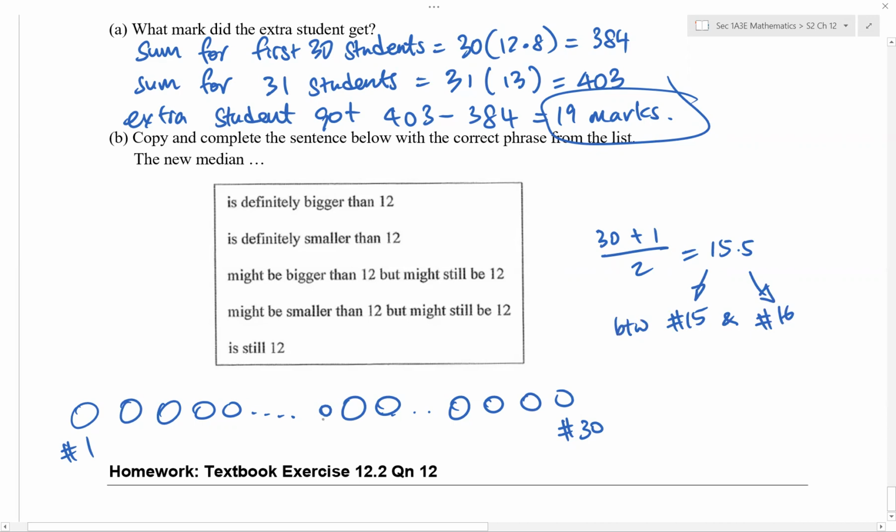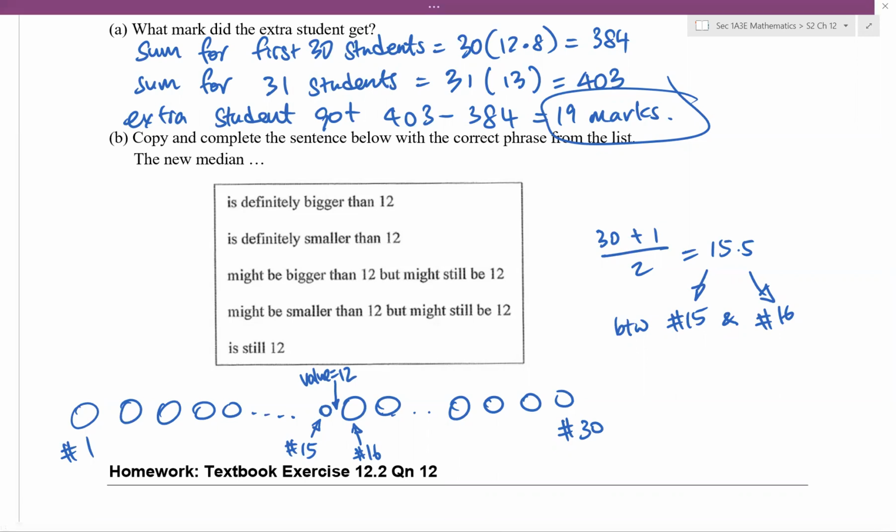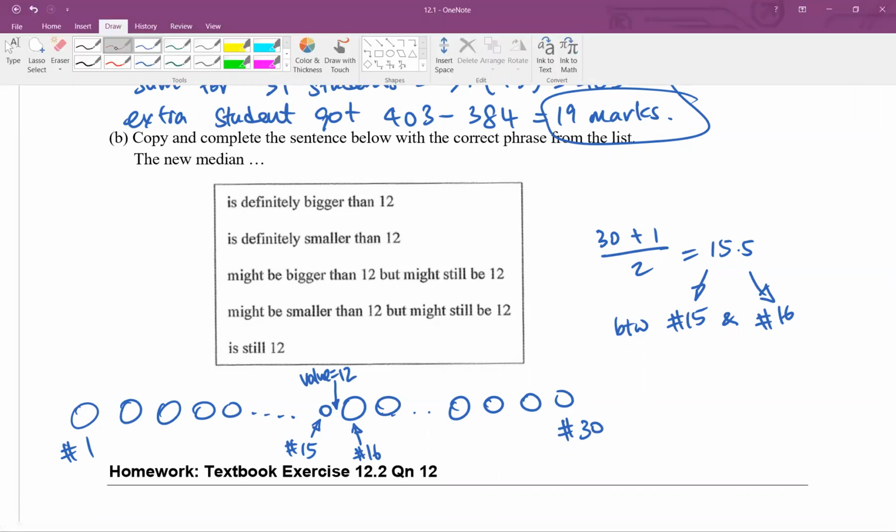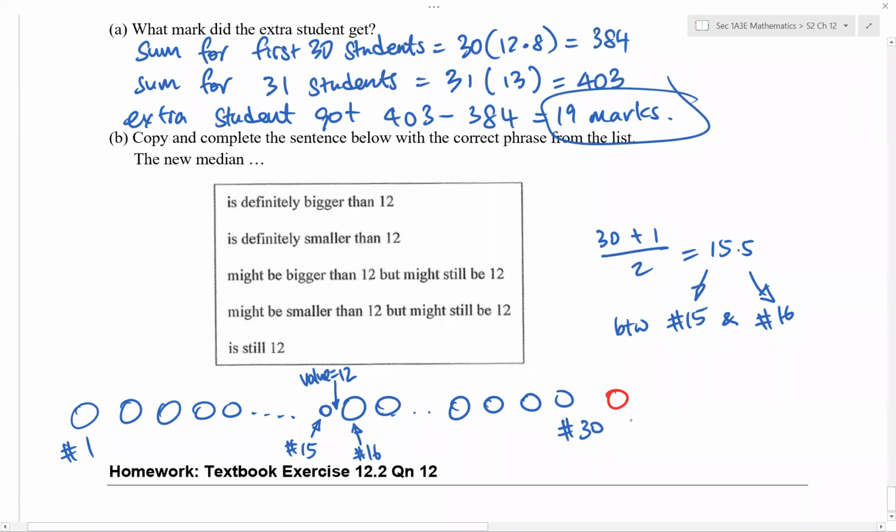Okay, so let's take this as position number 15. Let's take this as position number 16. Okay, and we say that the median value is over here. Value equals to 12. Now, when we include the last person, the extra student, who is position number 31.